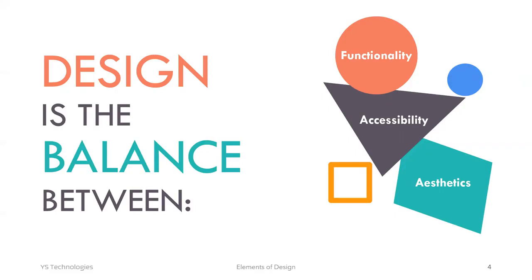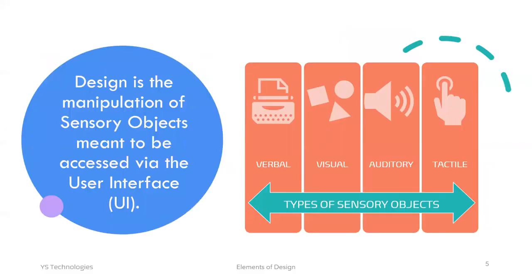Now, if we get more specific, what does design use? How do we really design a product? One can define design as the manipulation of sensory objects, which can be accessed via the user interface.